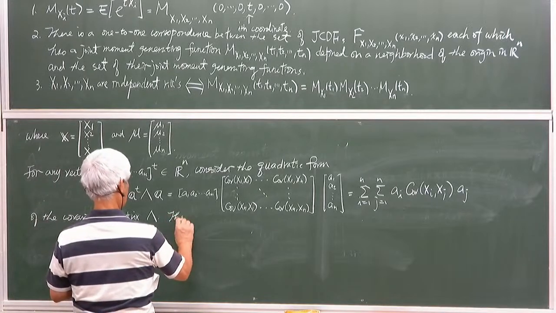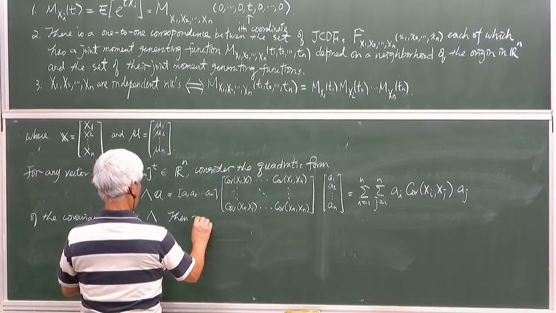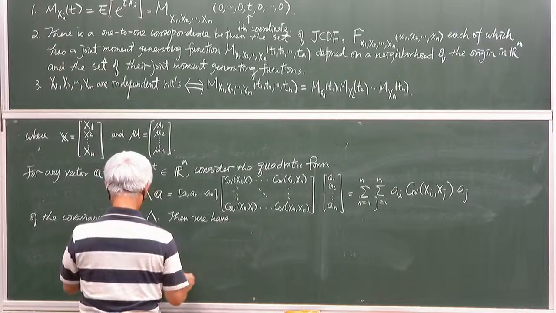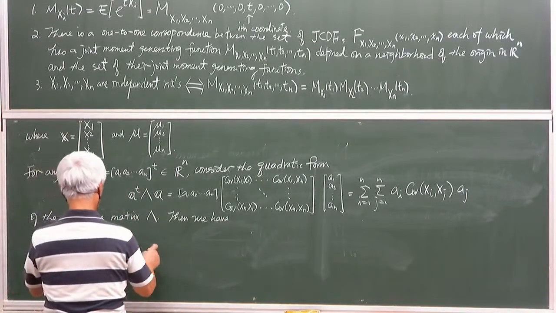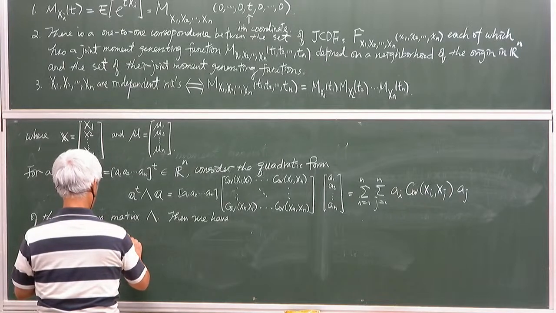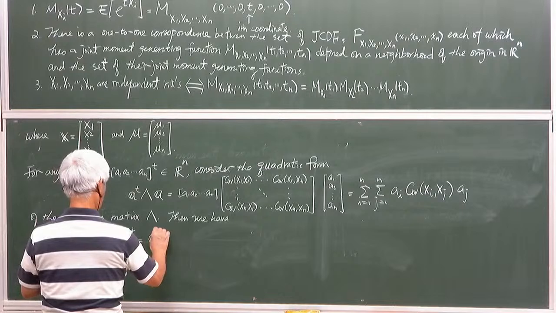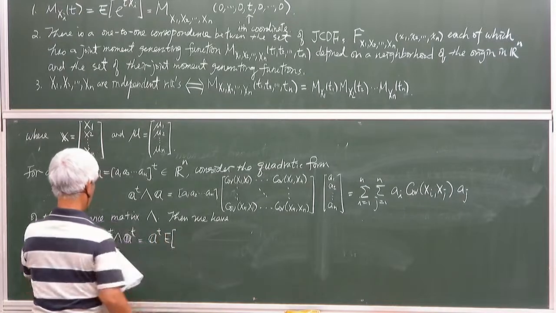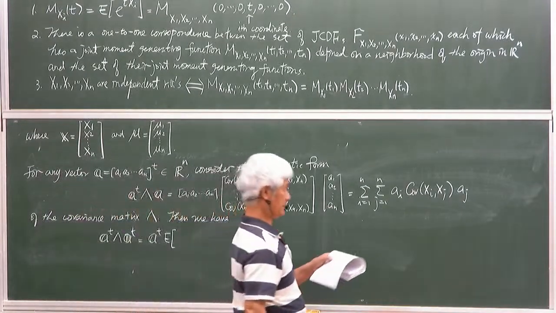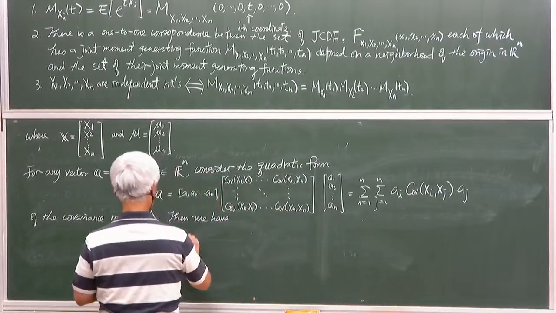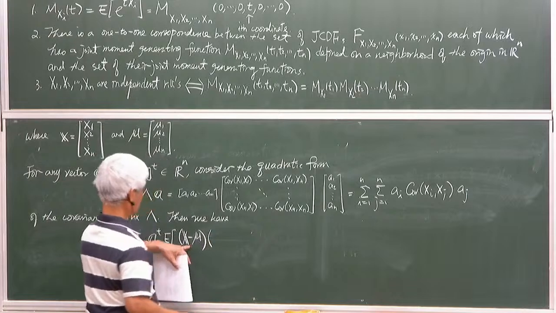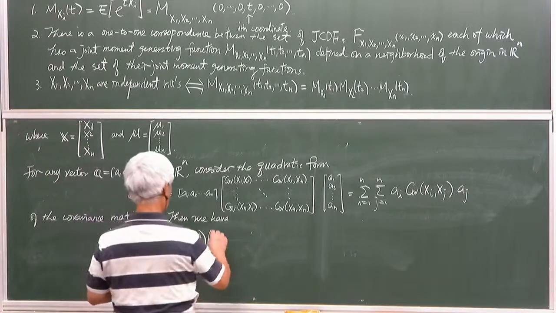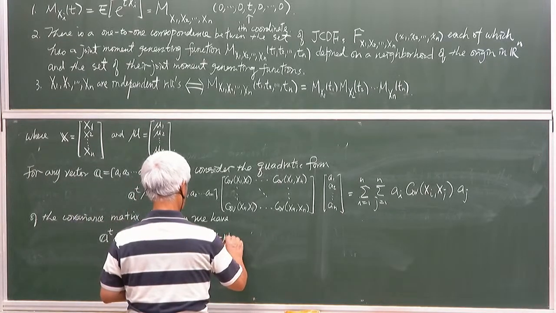Then we have that. So we have a transpose, and we express the covariance matrix lambda as the expectation of the random vector times the transpose of this random vector.